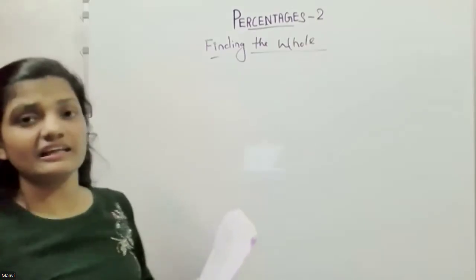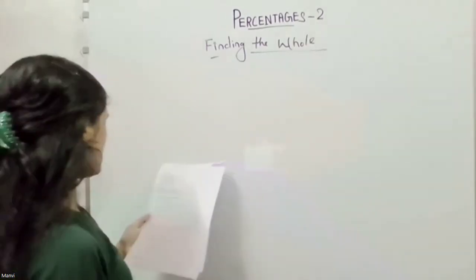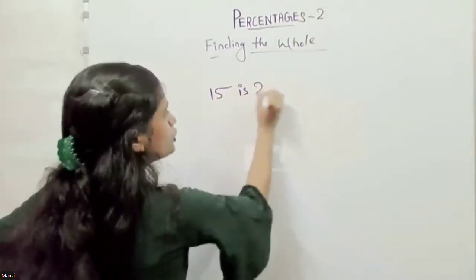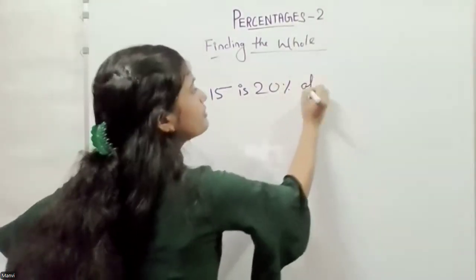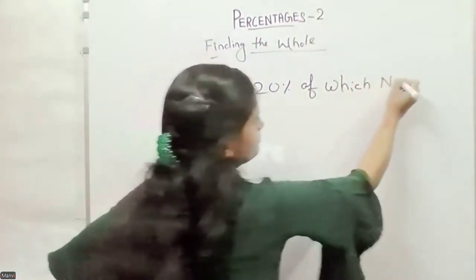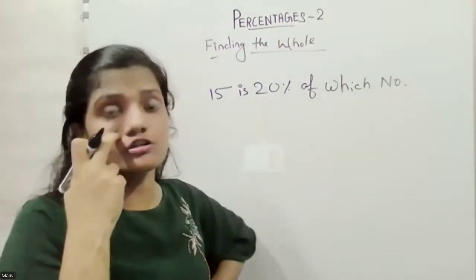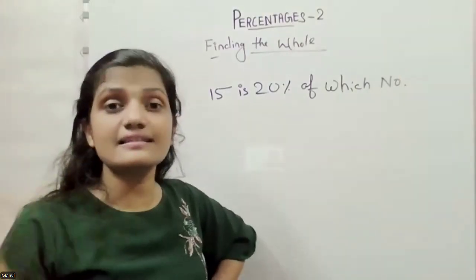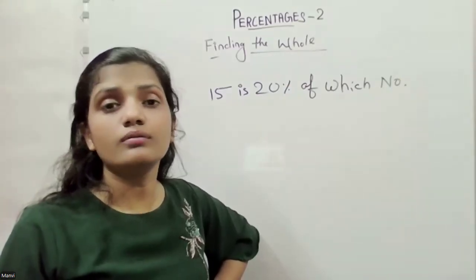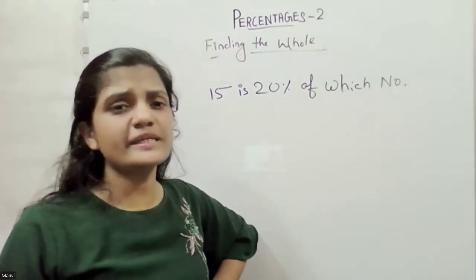We are not always writing if 10% is this, then 20% is what. We can ask like, 15 is 20% of which number? So here also they are trying to ask us to find the value of the whole.